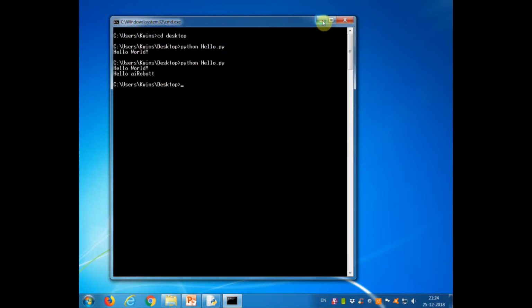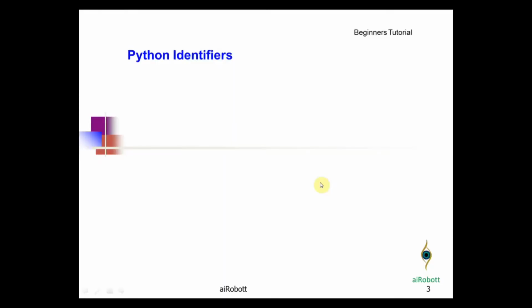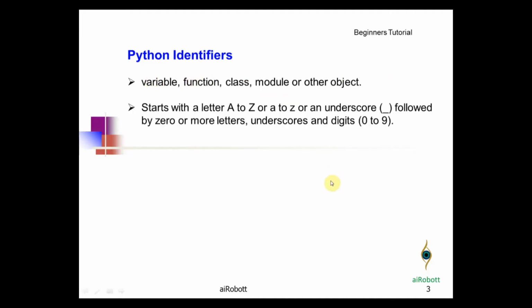Let's go to the next one. Now see the Python identifiers. What are identifiers? In Python, identifiers are the names of variables, functions, classes, modules, or other objects. These identifier names start with letters capital A to Z or small a to z or an underscore, followed by zero or more letters, underscores and digits 0 to 9.